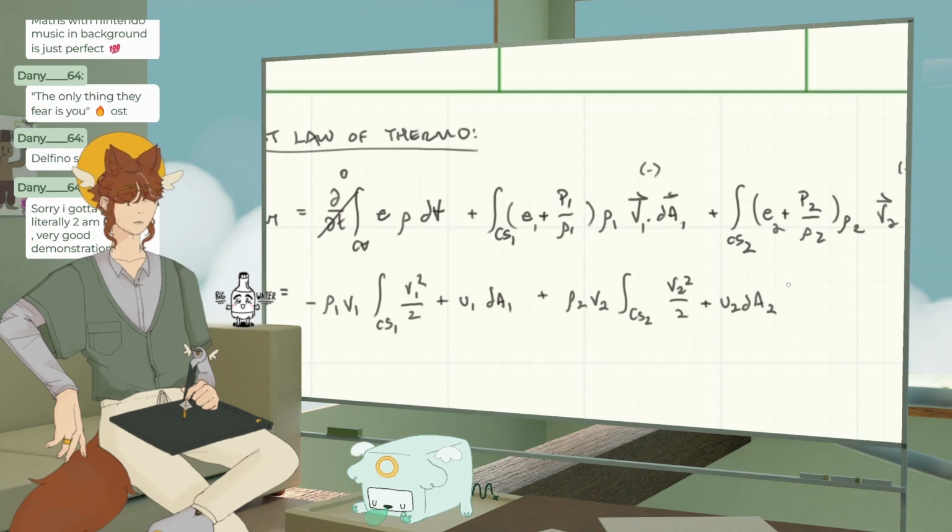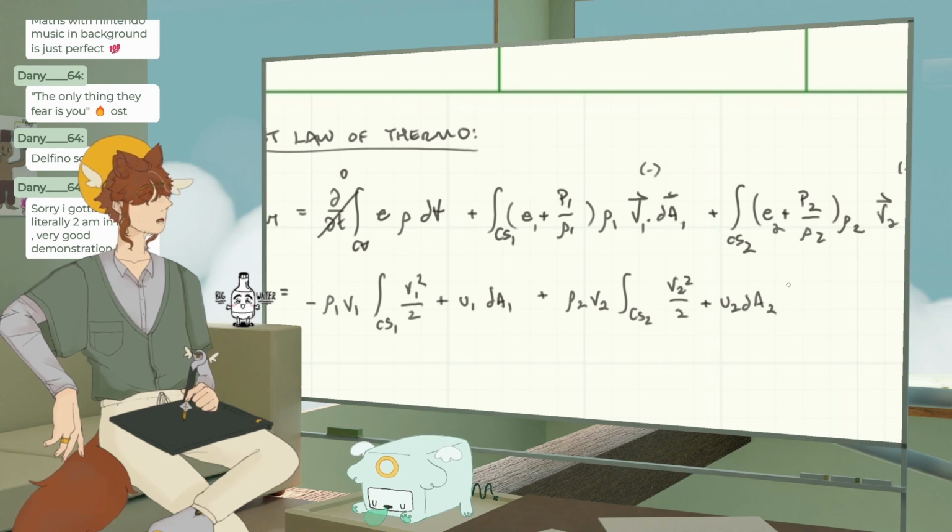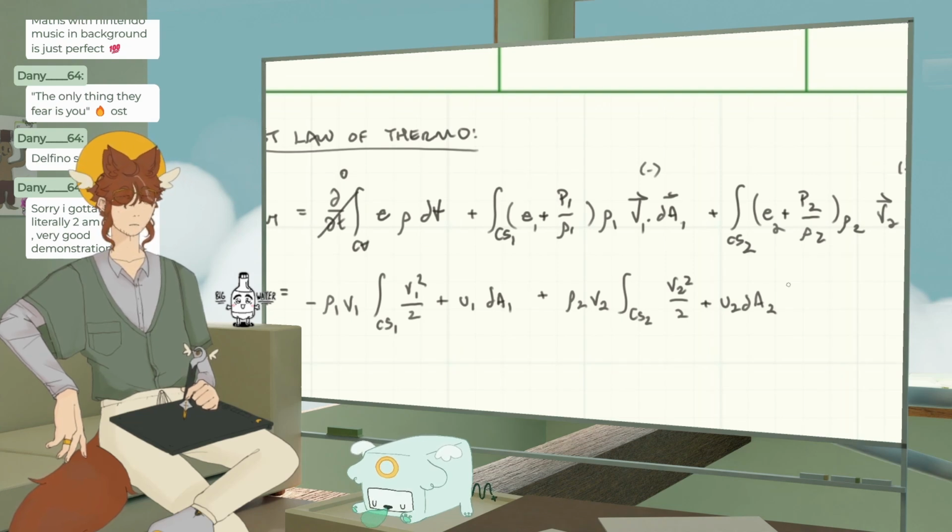So what I was going to do is I was just going to say that the internal energy was constant over it and then solve. Well, oh. I see. Well, no, wait, never mind. I was gonna say that the internal energy is constant over the control surface, so I could just pull it out as a constant over the integral.